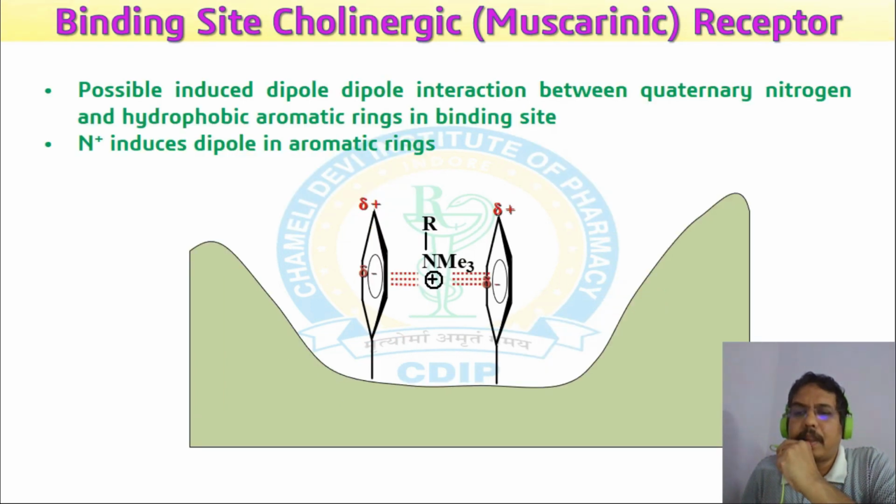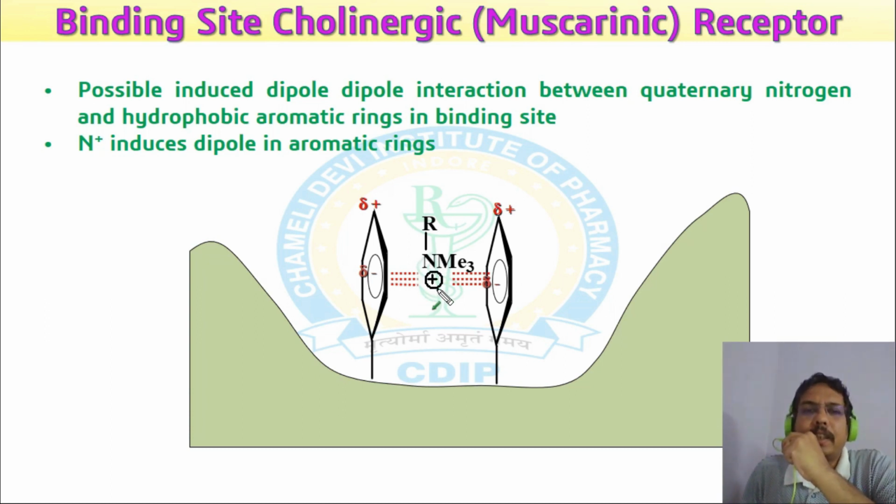That is the induced dipole interaction which takes place between the aromatic ring of the tryptophan of the receptor and the cationic portion present on the ligand.